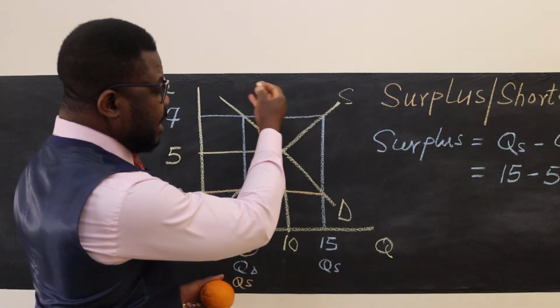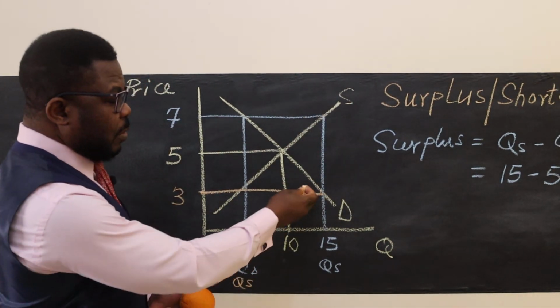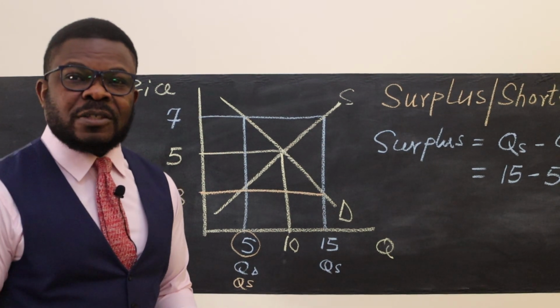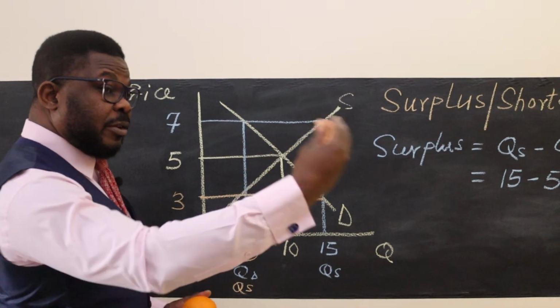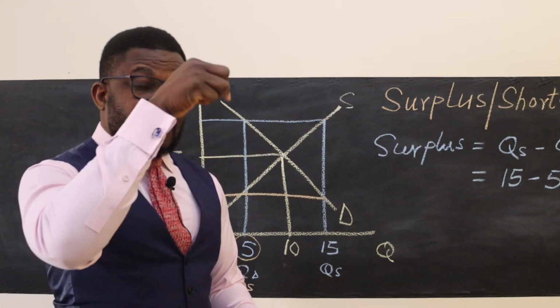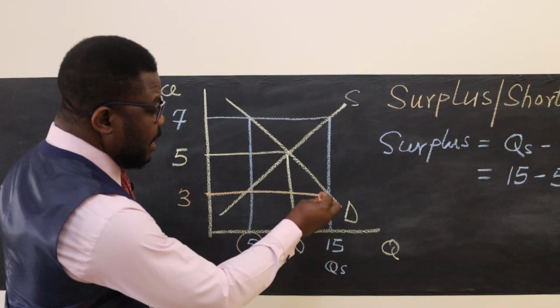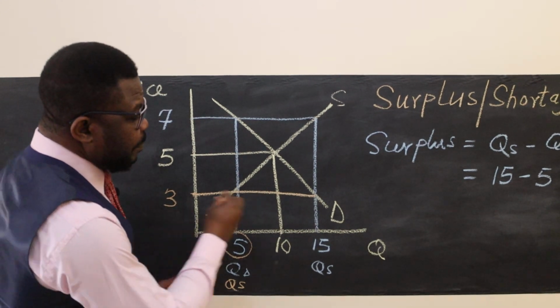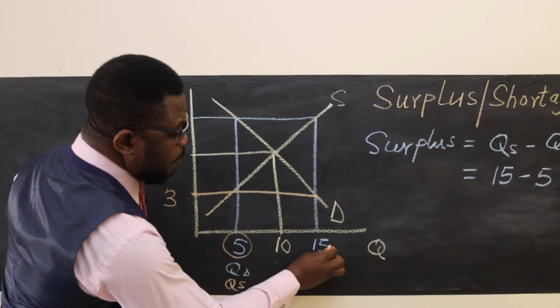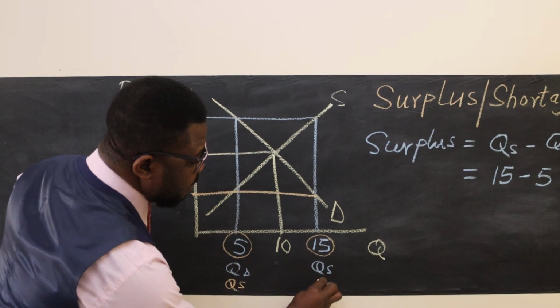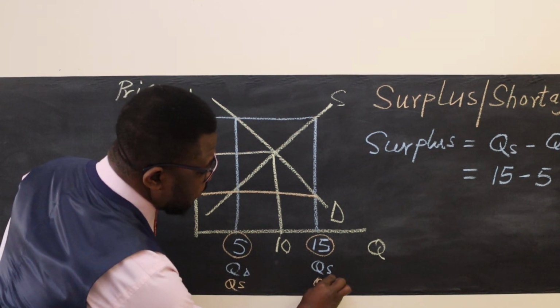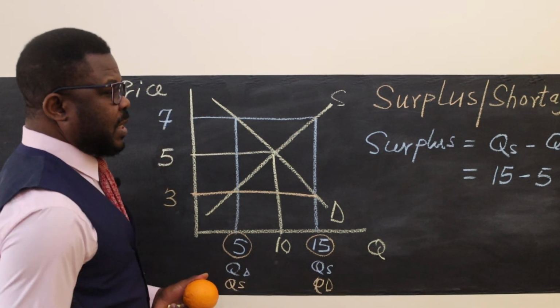QD, on the other hand, which is the level of demand or the quantity that buyers are willing to buy, has increased. Well, that's because the lower the price, the higher the quantity demanded. So you can see the price has gone down to 3, and the buyers are willing to buy 15. So this now becomes the quantity demanded. So we'll do the opposite.